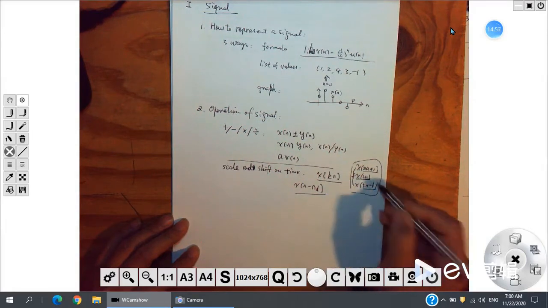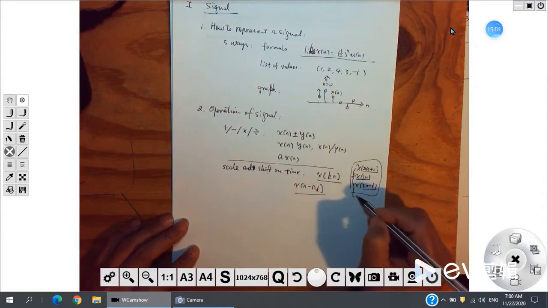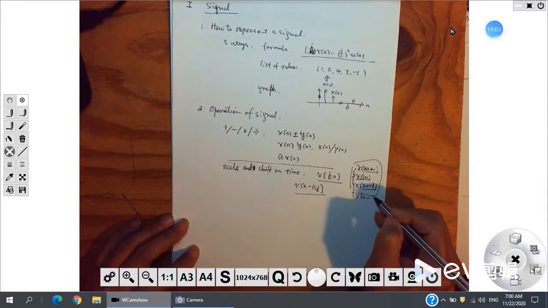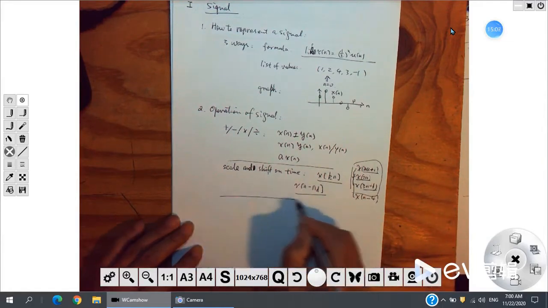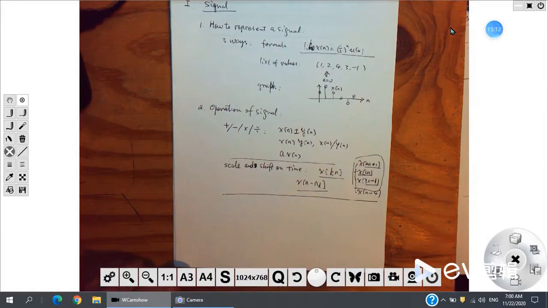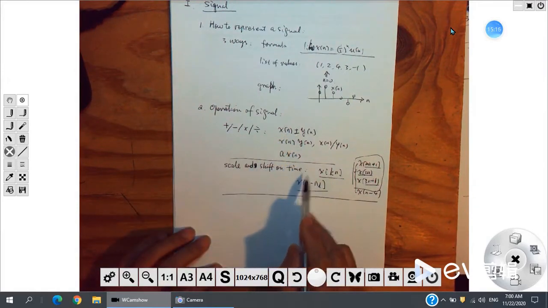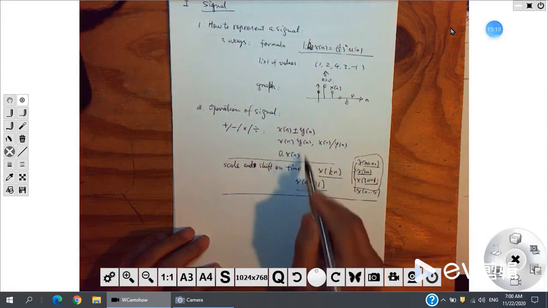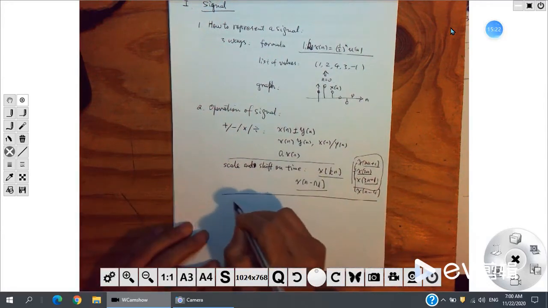This is just the scale, and this is just the shift, like shift by 4. And the third one is an operation between signals. All of these are basic. Now we have a little bit more advanced one, the convolution.